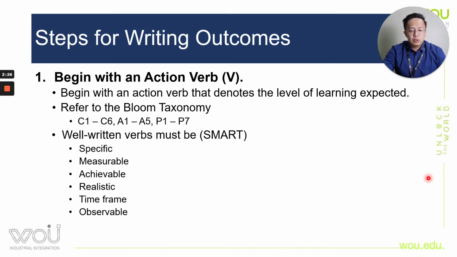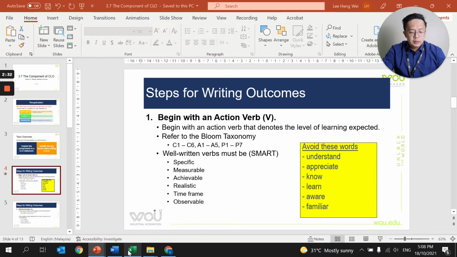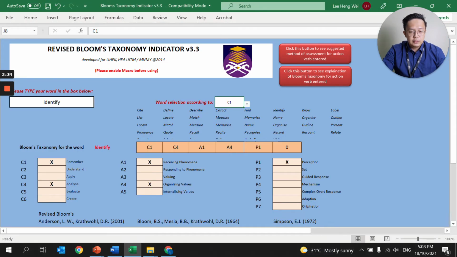So let me show you how the action verb template can actually help you. If you download the template, it will look something like this. This template helps a lot of academics when they want to design which action verbs to use. By clicking on this, it will help you to identify each level of learning from C1 until C6, then A1 until A5, P1 until P7.